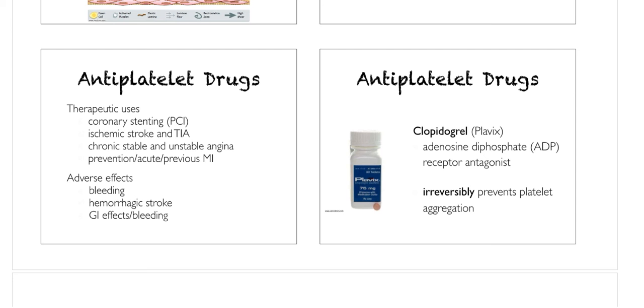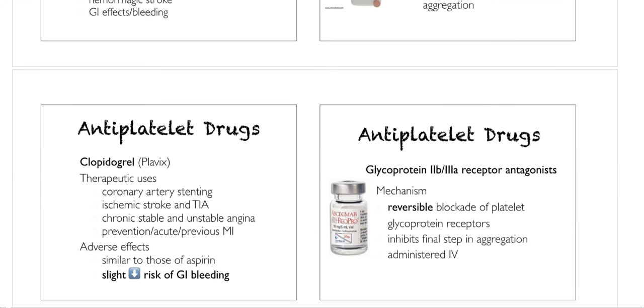Plavix, or clopidogrel, is another common medication that we can see patients on. It's not as common as aspirin because aspirin's cheaper and it's easier to access. This is an adenosine diphosphate (ADP) receptor antagonist. It will irreversibly prevent platelet aggregation, similarly to aspirin.